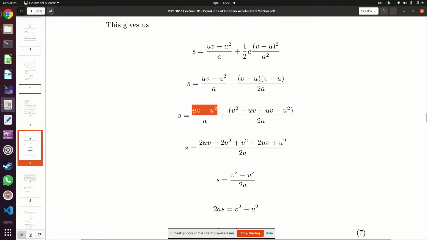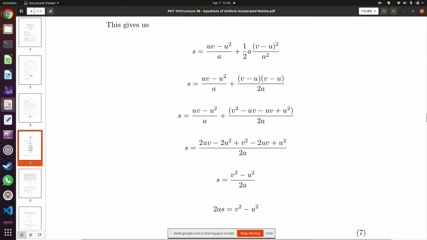So you're going to have 2uv minus u squared, which is what you have here, then plus this guy v squared, then minus this, and that is minus 2uv, then plus u squared, which is this. So the expansion and simplification of things on top and the bottom is what you have up there.